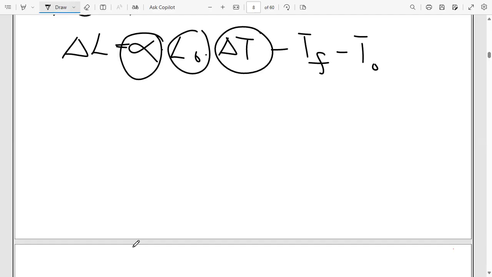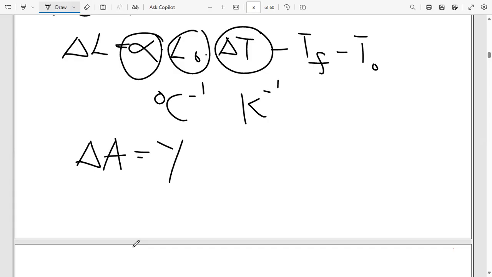What about the alpha that is here? The alpha that is here is just describing to us the coefficient of expansion, of which this is going to be given in units per degree Celsius or per Kelvin, the inverse of Kelvin or degree Celsius. For area expansion, change in area will be equal to gamma, multiplied by initial area, multiplied by the change in temperature, of which this is the coefficient of area expansion.